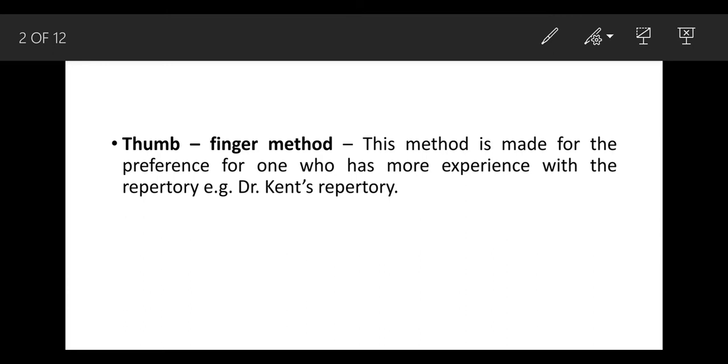So, thumb finger method. This method is preferred by one who has more experience with the repertory, for example Dr. Kent's repertory. In this condition, the physician thinks about 2 or 3 symptoms on which he makes a prescription.